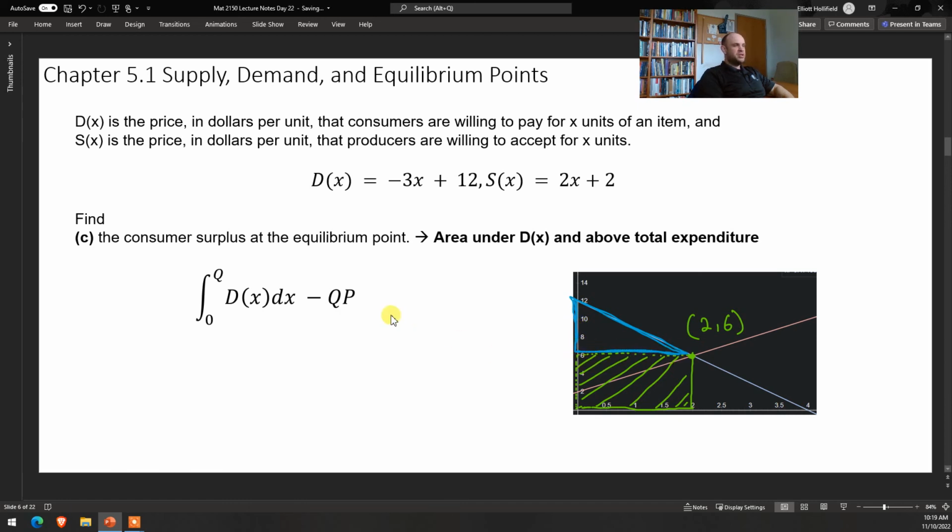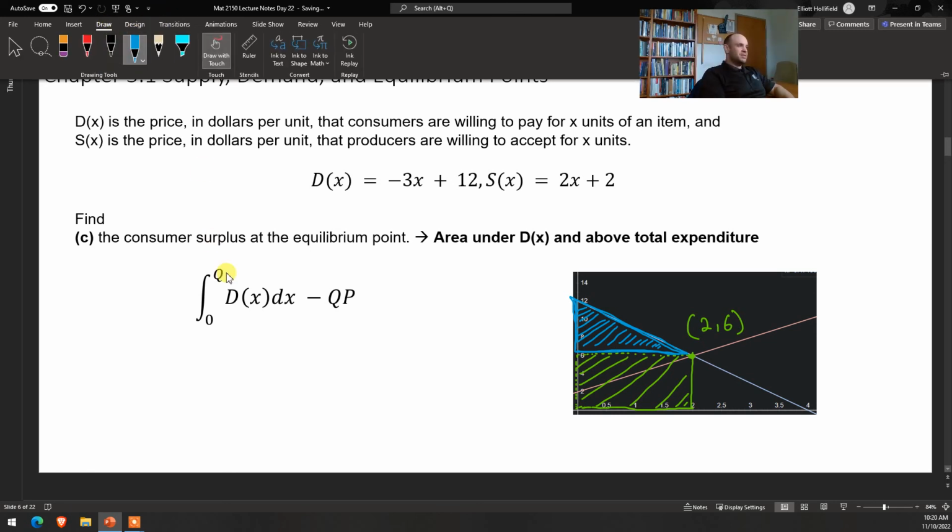The multiplication of Q times P tells us the amount of money that consumers actually pay given the equilibrium point. So this is why we call this the consumer surplus. This is the amount of money more that the consumers were willing to pay, which is represented by this area.